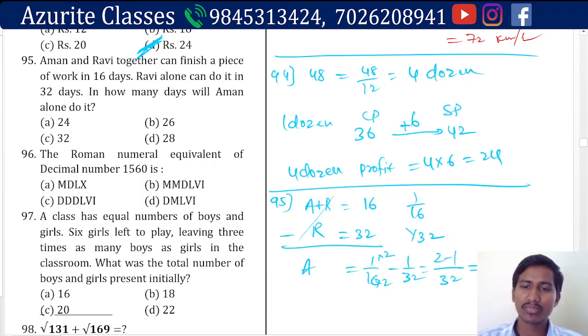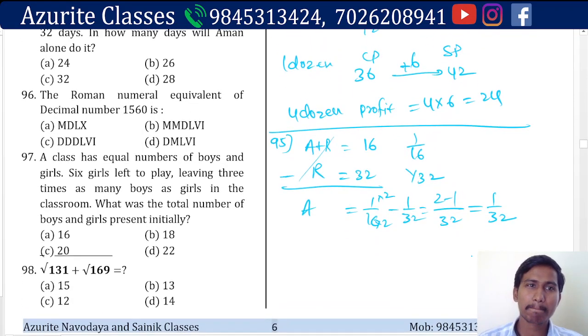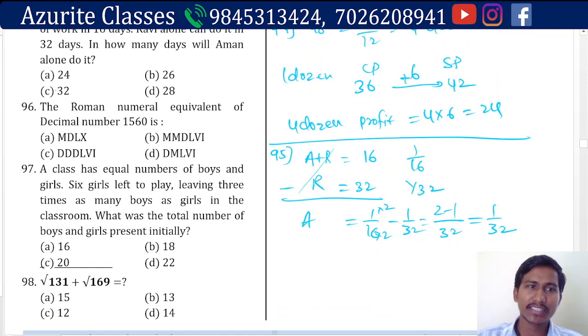Aman will take the reciprocal, which is 32 days. So option C is the answer for the 95 question.